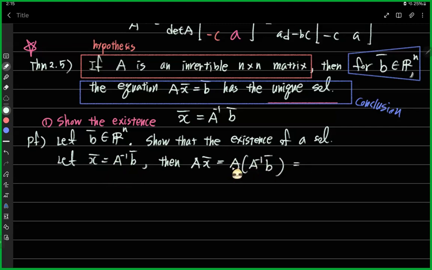This is going to be what? A times A inverse, the identity matrix. So we got I B bar, which is B bar, because identity matrix times whatever matrix is the matrix itself. Thus, a solution exists.